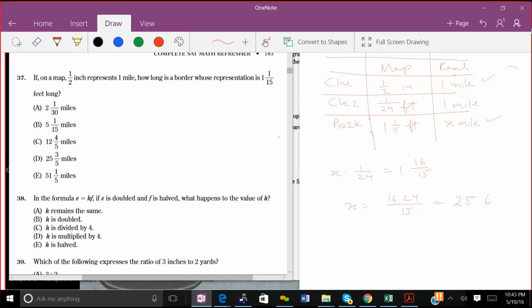E is doubled, so I'll keep E at 1. And H, I'll keep H constant. And F is half, so I'll make it 2. Okay.